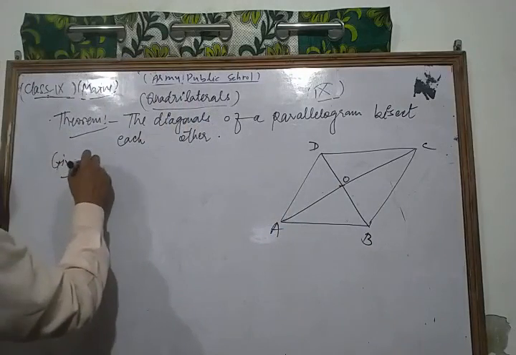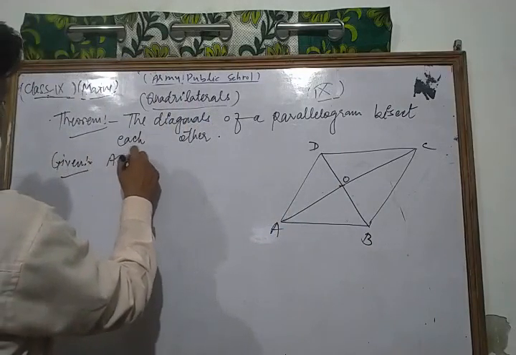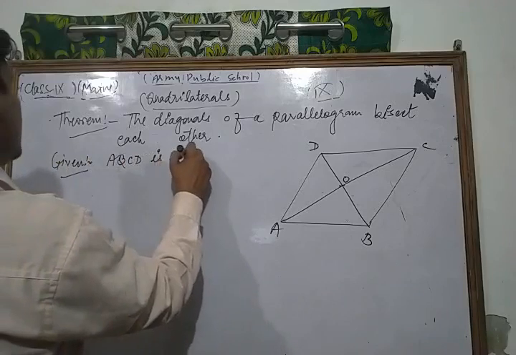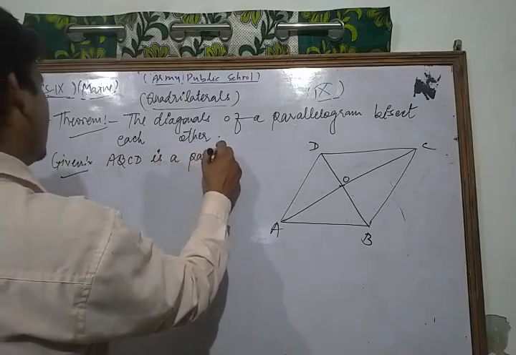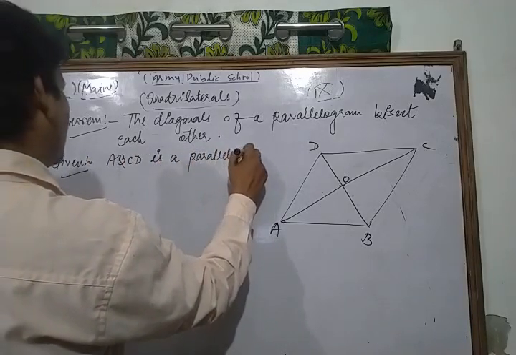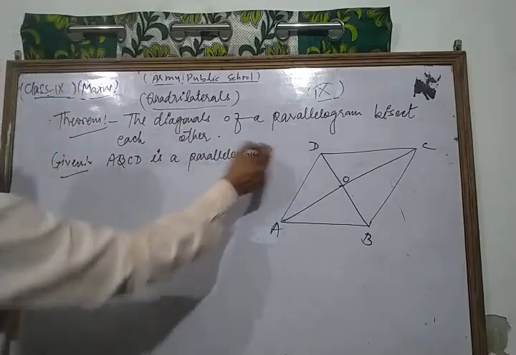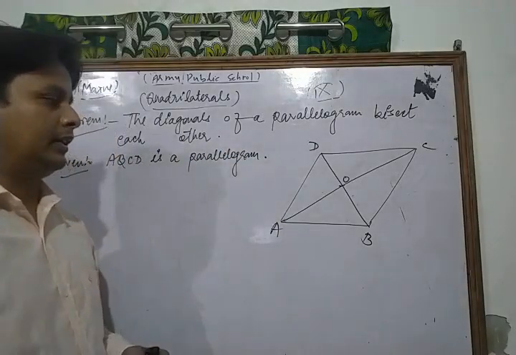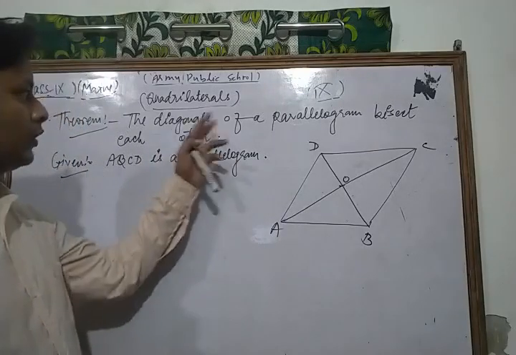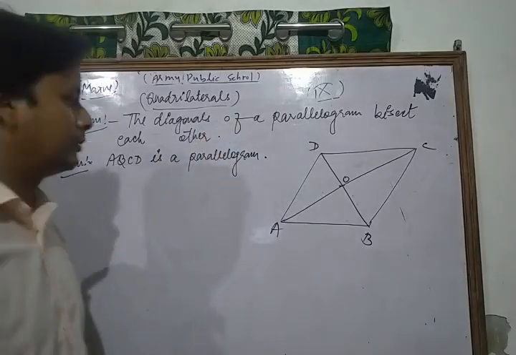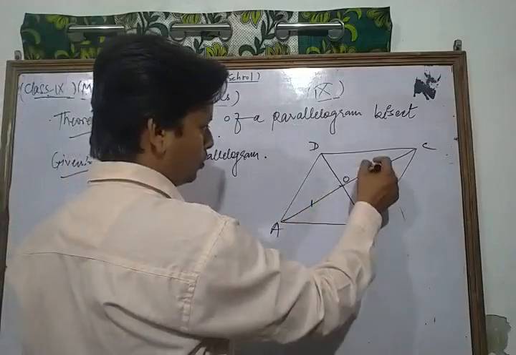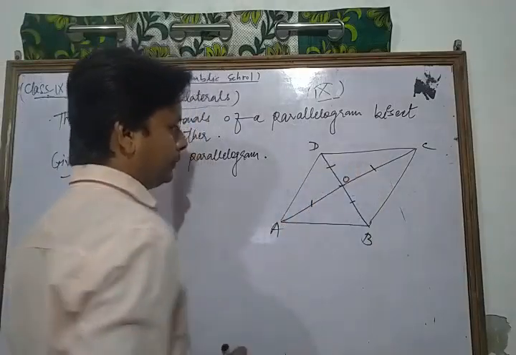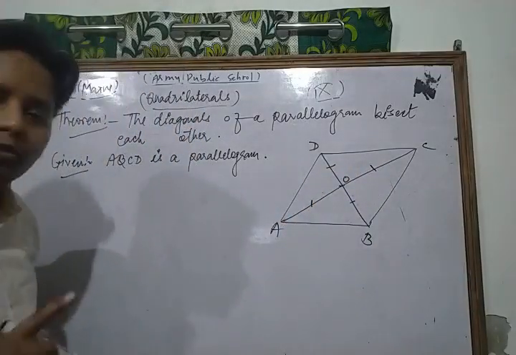In given we write ABCD is a parallelogram. And we have to show that the diagonals of a parallelogram bisect each other, meaning we have to show OA is equal to OC and OB is equal to OD, meaning it divides into two equal parts.